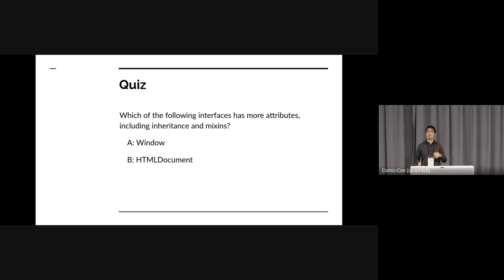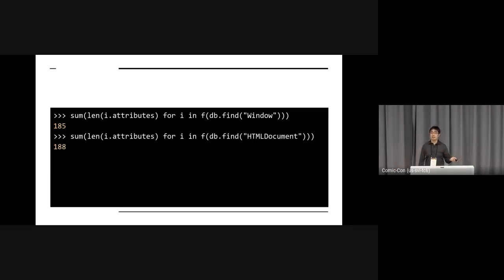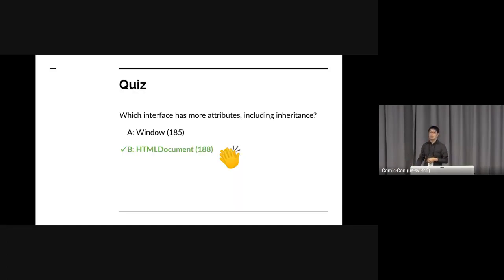Oh, not so many. And how about B, HTMLDocument? Let's see the result with the database. Window has 185 attributes, and HTMLDocument has 188. So the answer is B.